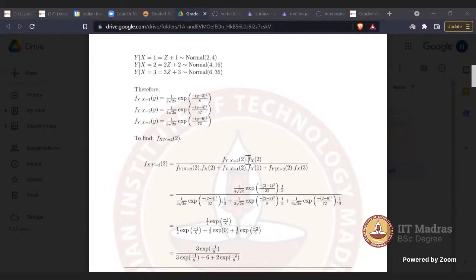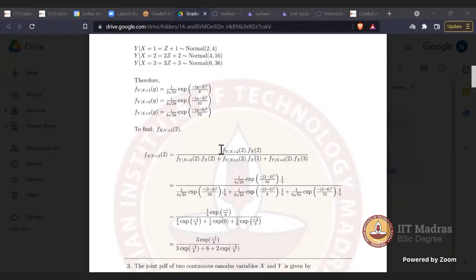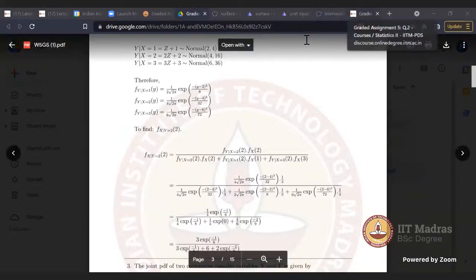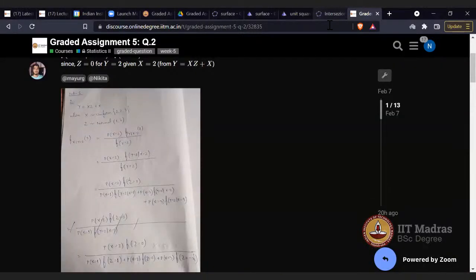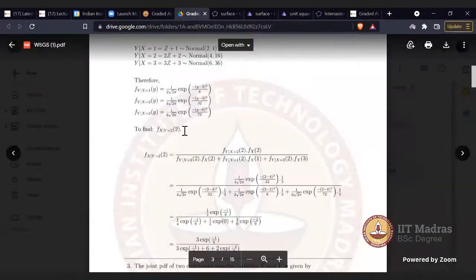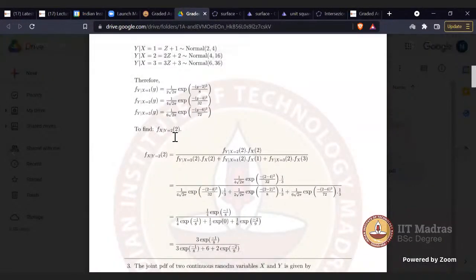We already know the distribution of x, and we already know the distribution of y given x. Then we can just substitute and find the values. The denominator part is fy of 2.